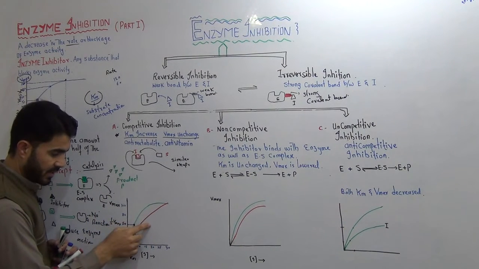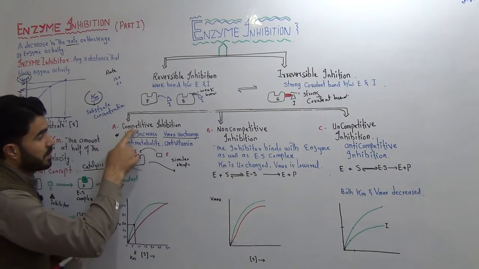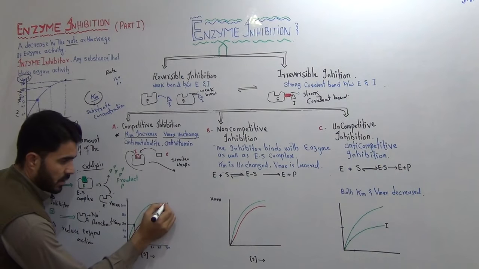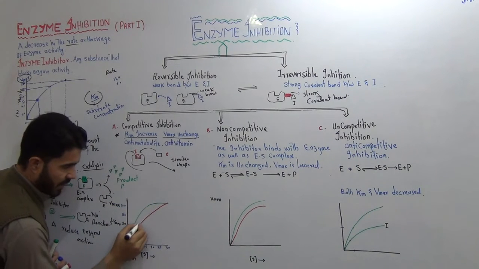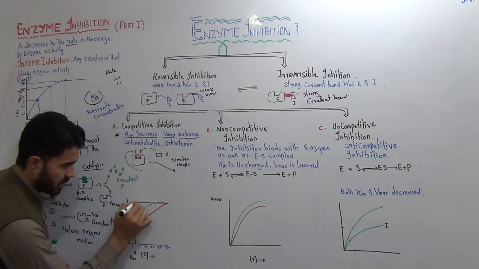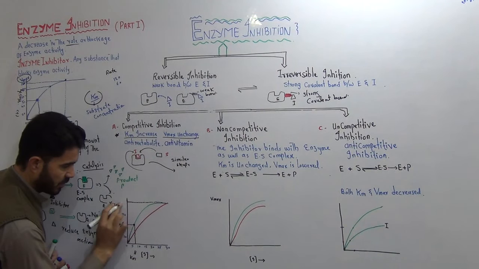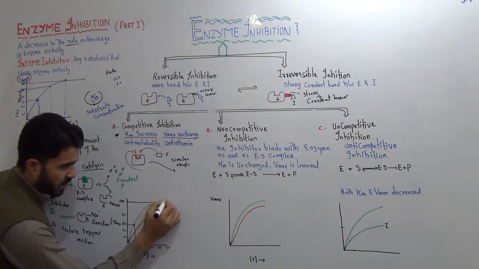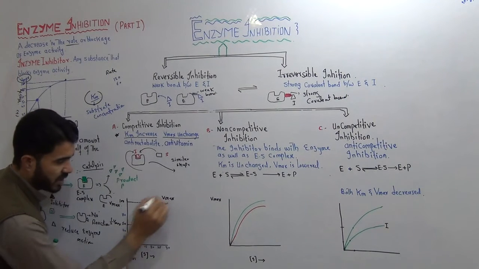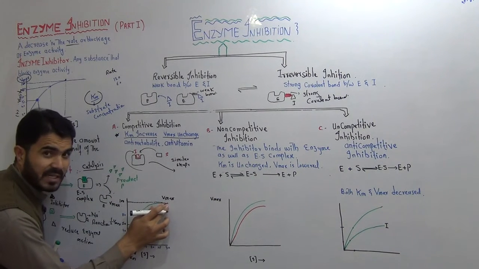This line tells us that if competitive inhibition takes place, then the Vmax will remain the same, because you know the red line is still here. This is our Vmax. Let's suppose this is 100. So in both cases, Vmax will be obtained.